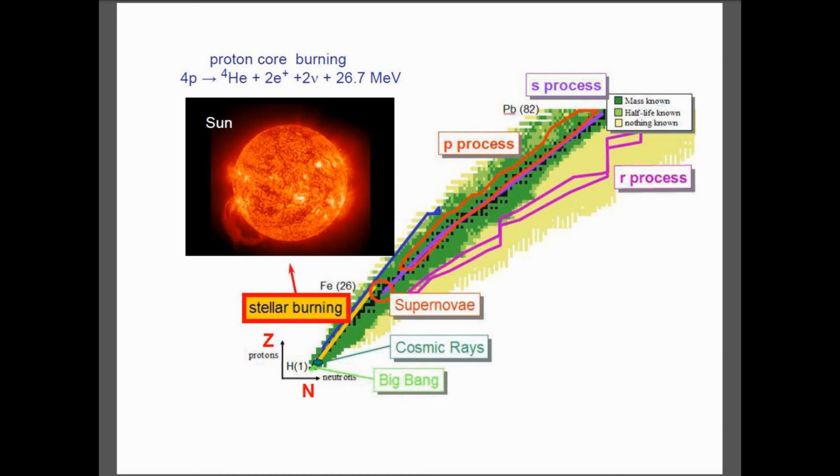This is an image of the Sun. The Sun produces its energy by burning protons. It's usually called hydrogen burning, but I like to call it proton burning because hydrogen has nothing to do with it. What it does is fuse 4 protons into a helium and create energy, and this is the energy that makes us live.